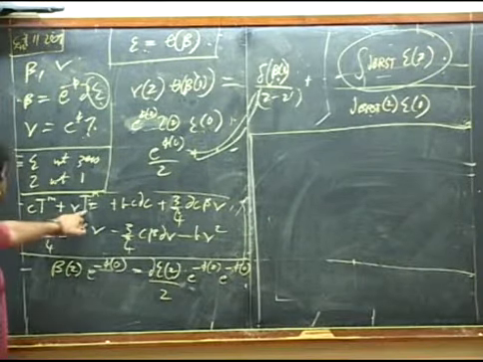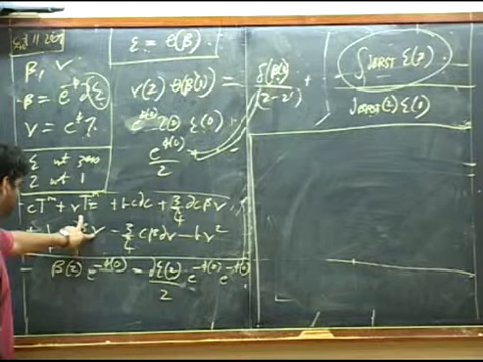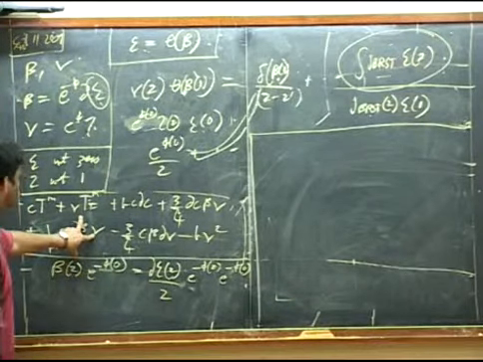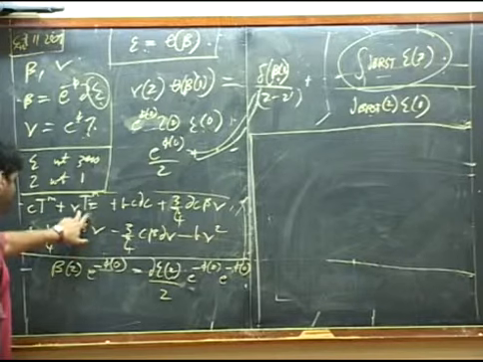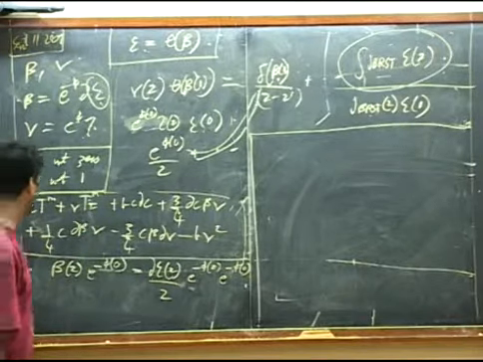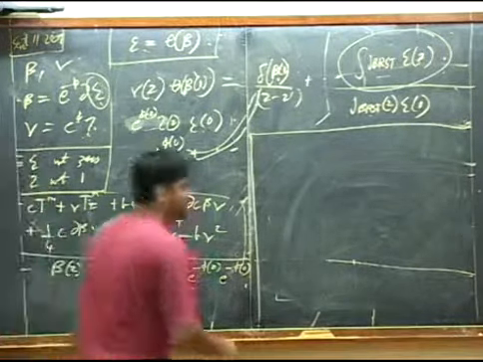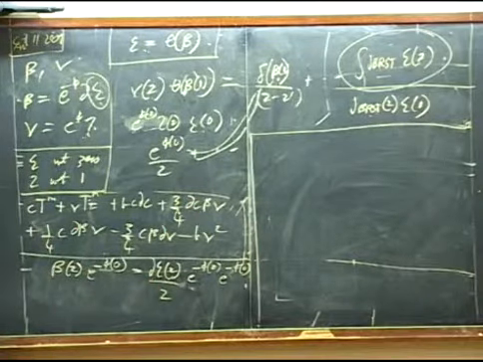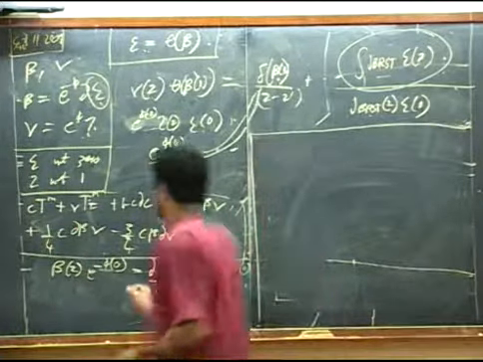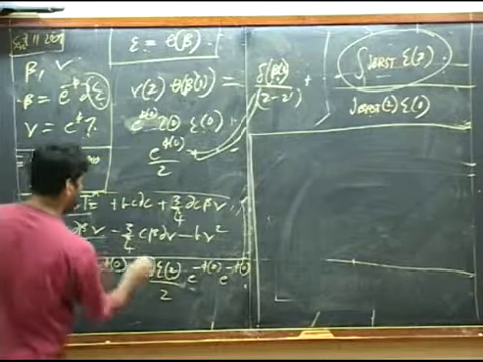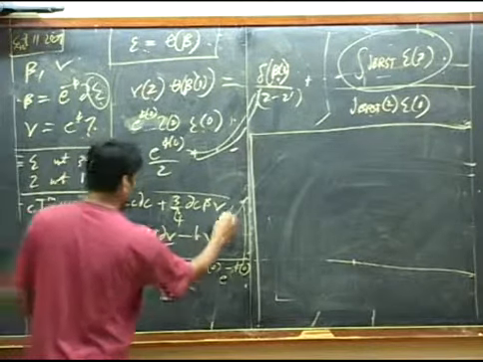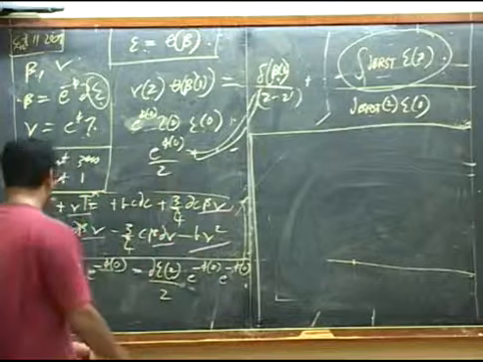So we have to correct all the terms that involve gamma here. We've got gamma here, gamma here, gamma here, gamma here, gamma here.